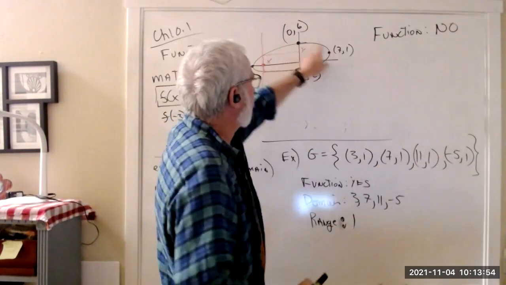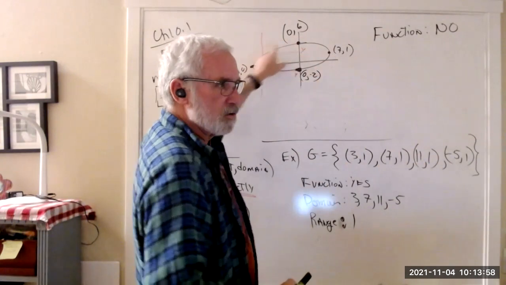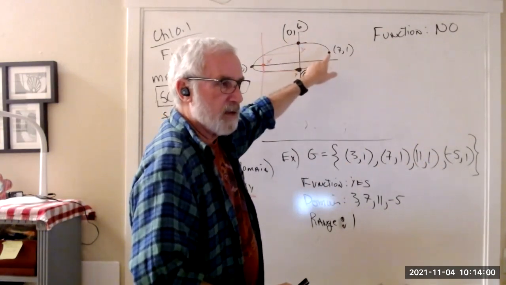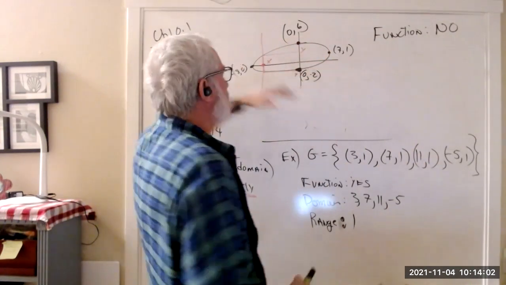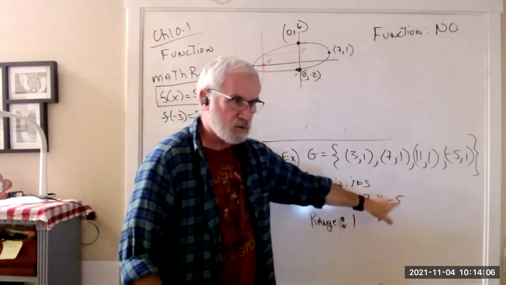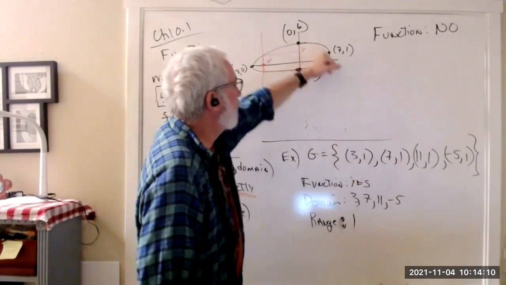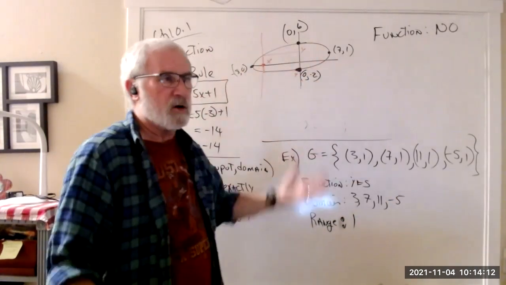But this graph is made up of an infinite number of points. You couldn't possibly tell me all of the X's. Like here, I could tell you what the X's were. But because there's an infinite number of points, you can't tell me all of them.